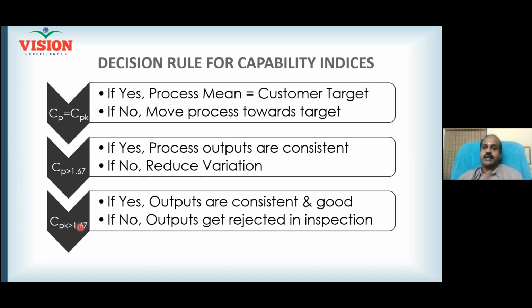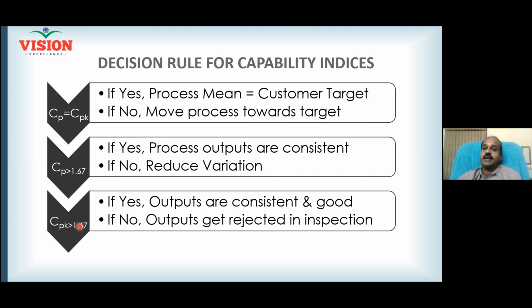Generally, according to the AIAG guideline, Automotive Industry Action Group, for a critical process, CPK must be 1.67 minimum. For a critical process, for a critical product, right? But for a non-critical process, CPK must be minimum 1.33. Right? When I say CPK must be 1.67, I also mean CP should also be 1.67, isn't it?